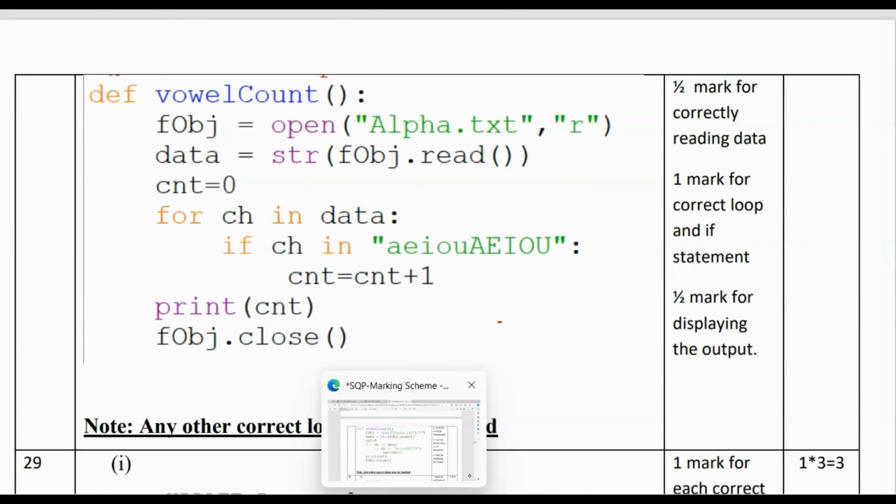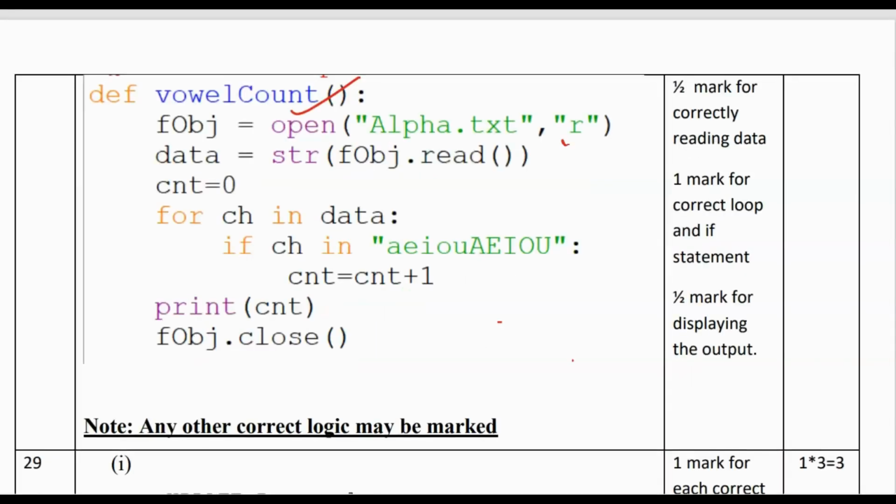Def vowel count, they have written the function name as given in the question, and then they have opened the file alpha.txt in the read mode. Then you should use the read function. Ch in data, if ch in AEIOU, you should increment the count variable.